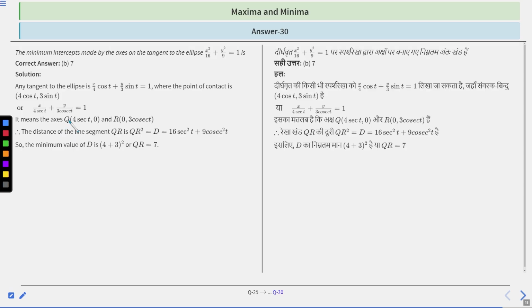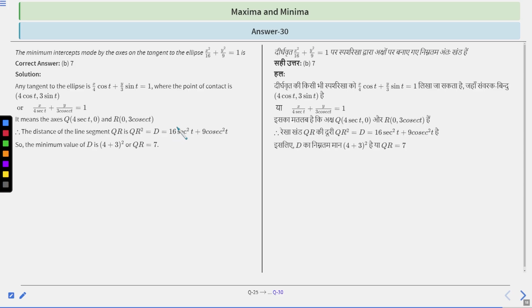It means the axis points Q is (4 sec t, 0) and R is (0, 3 cosec t). Therefore, the distance of the line segment QR will be QR square, which is d, which is 16 sec square t plus 9 cosec square t. So the minimum value of d is basically, as we have discussed earlier, when sec t and cosec t will be 1, right?